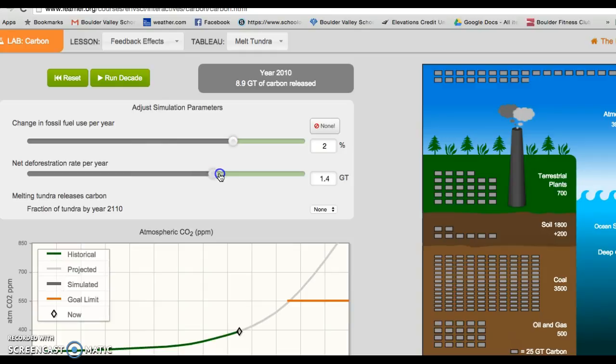So if I change this to 1.6 gigatons, that releases that carbon back into the cycle. For lesson 3, data table 1, you're looking at 4 different decades, and the effect of that deforestation rate on the soil and the terrestrial plant levels. So how does that impact those levels?